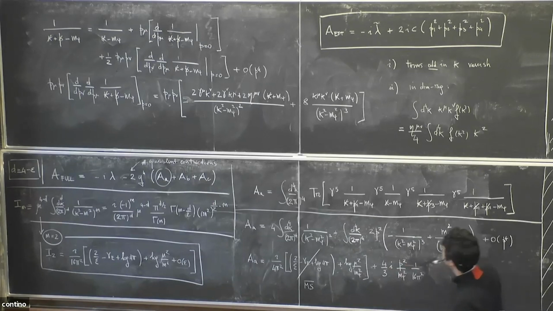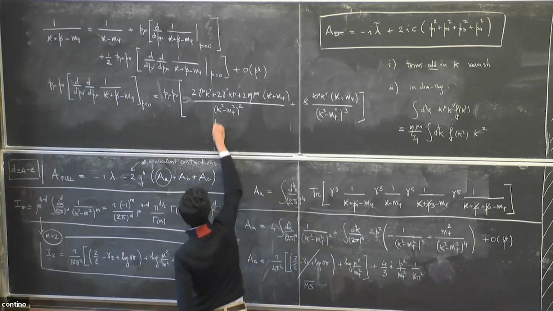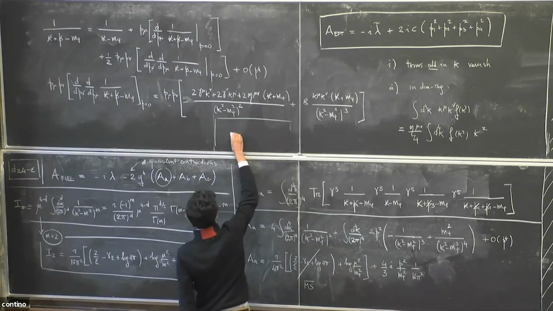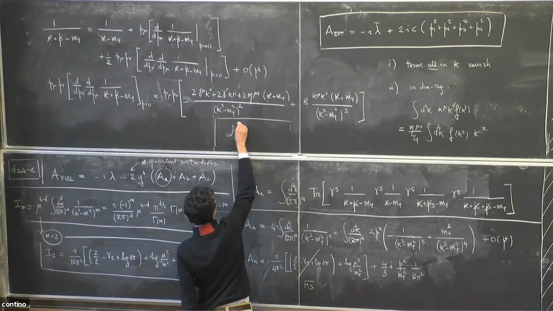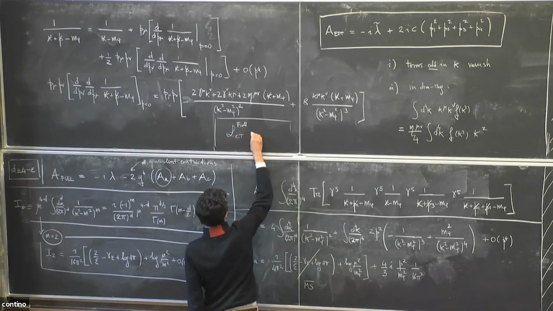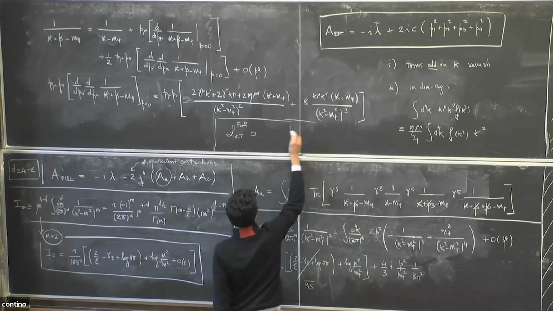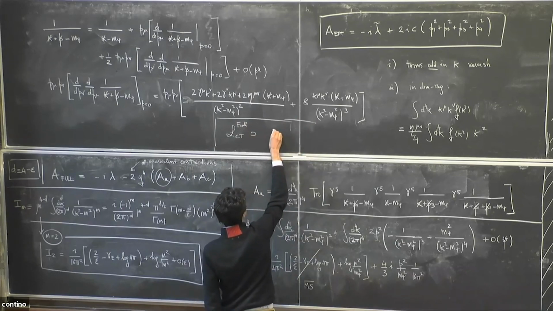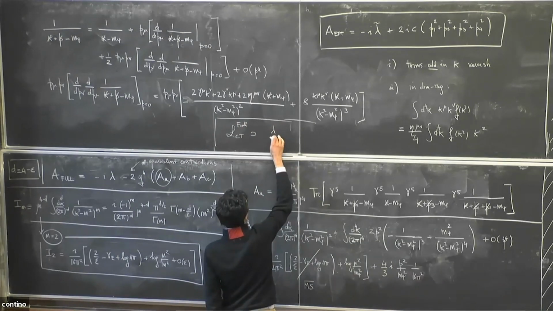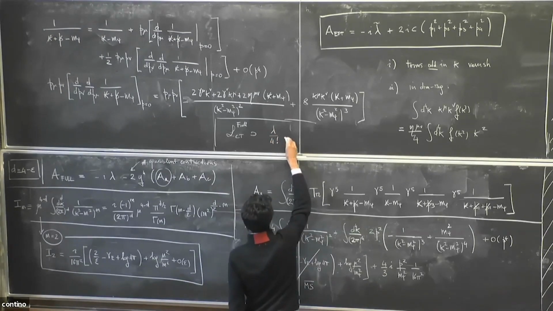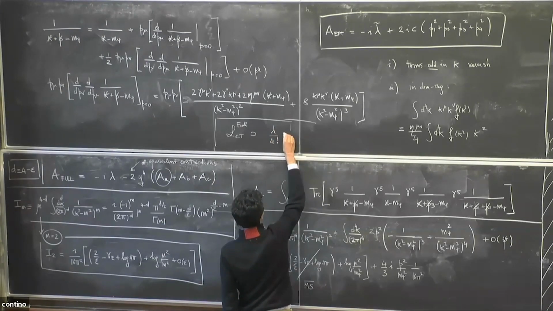So L counterterm, in the full theory, will include a term which has exactly the form of the quartic coupling. So it's lambda over 4 factorial.